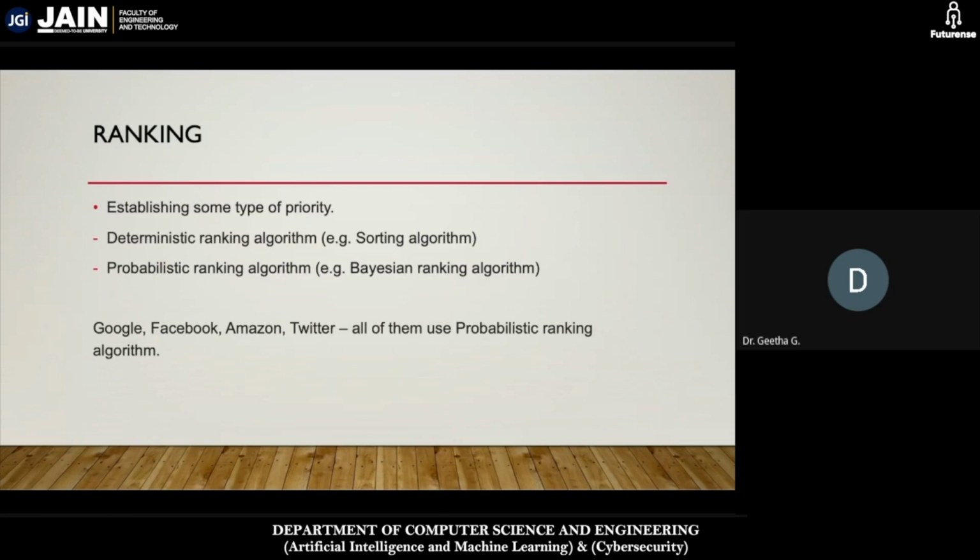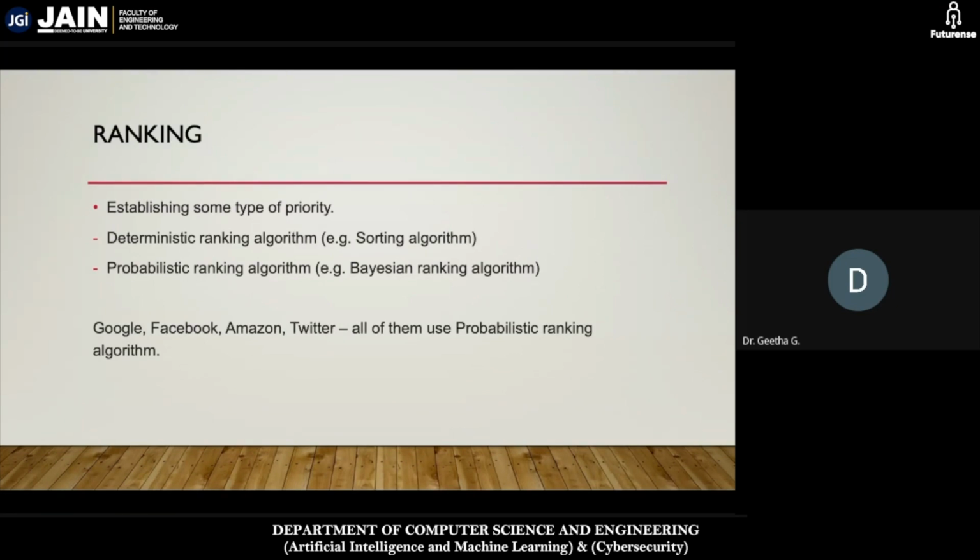Next, we go in for ranking. I hope all of you are aware of ranking. When I say ranking, this is to establish some type of priority. Let's say, for example, we have NIRF ranking. NIRF ranking ranks the universities.